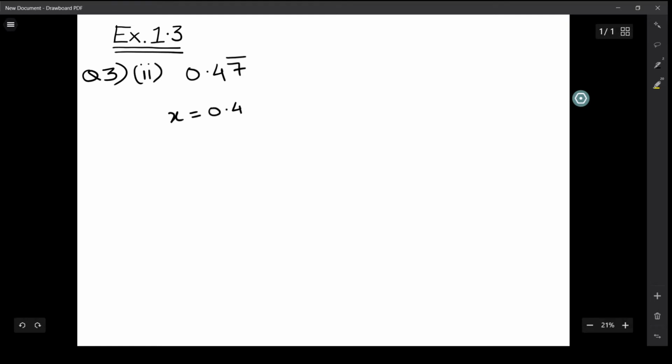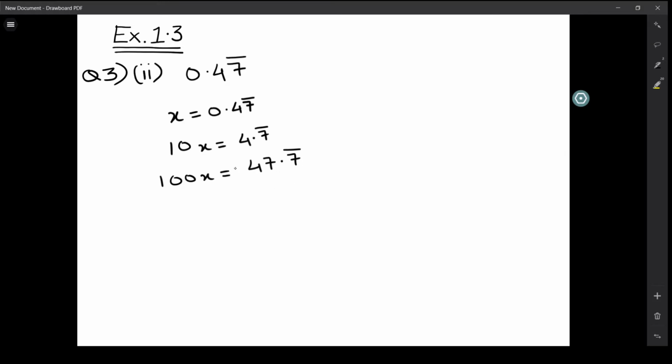We'll assume the number x to be 0.47 with the bar over the 7, which means over here 10x would be 4.7 with the bar over the 7, and 100x would be 47.7 with the bar over the 7.